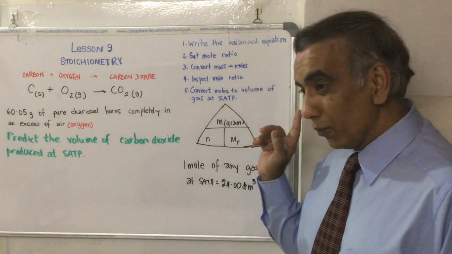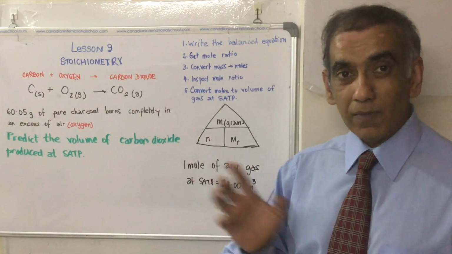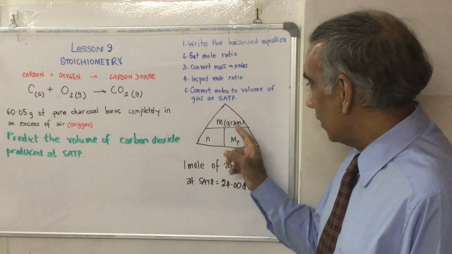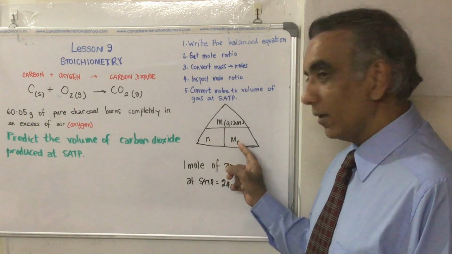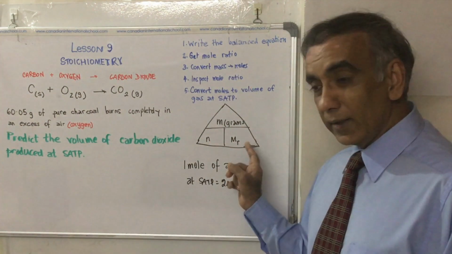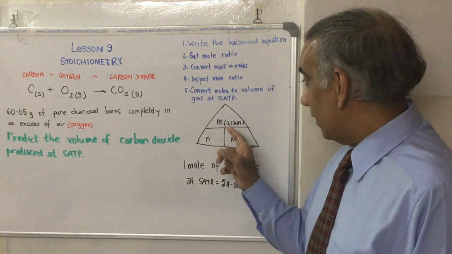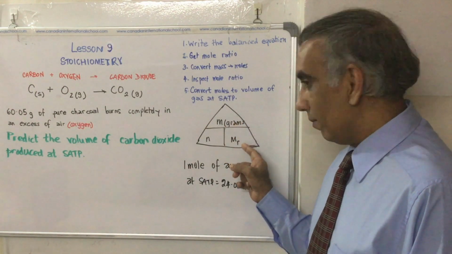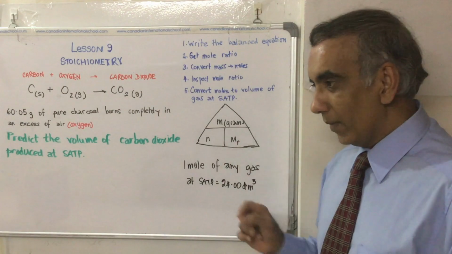Then we should recall that to convert moles to mass and mass to moles, we could use this little relationship here, where the mass in grams is equal to the number of moles multiplied by the relative molecular mass or the relative atomic mass. And if you wanted to get the number of moles, you divide the mass given in grams by the relative atomic mass or the molar mass.